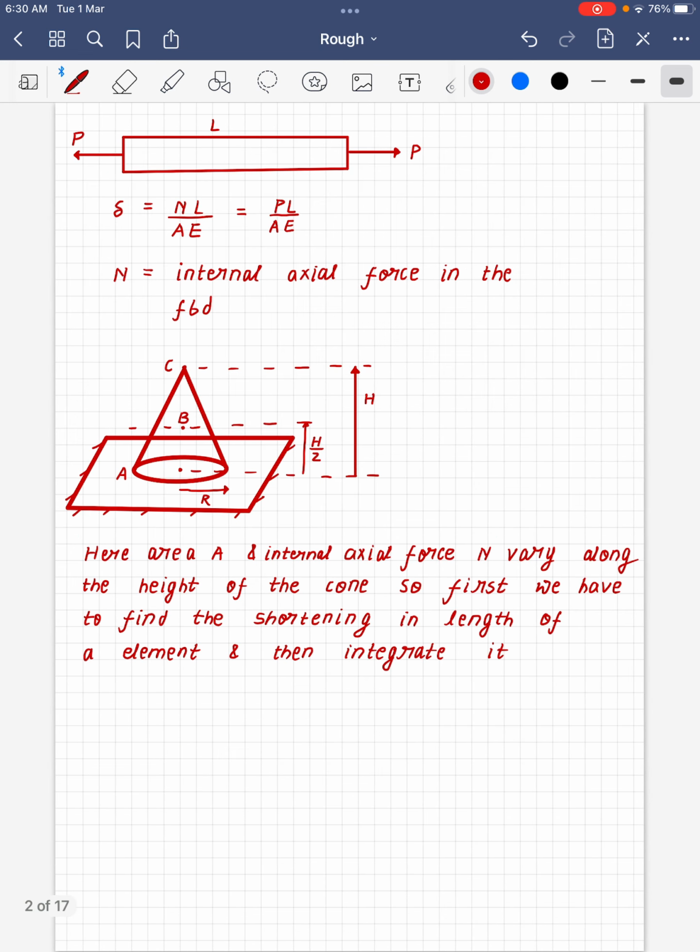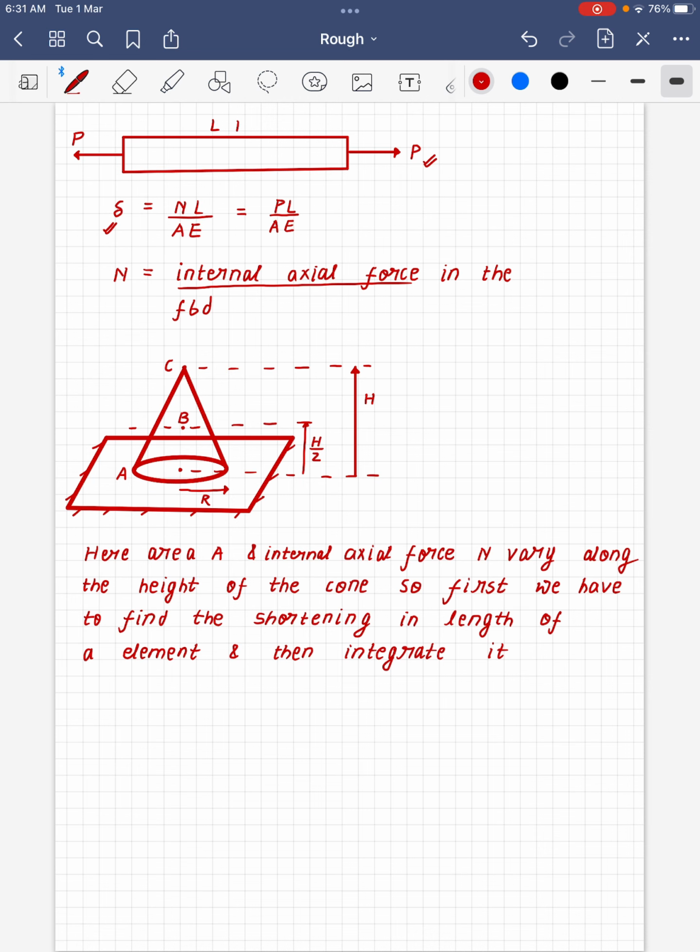Before proceeding in this question, let's understand a simpler case, then we will proceed to the asked question. We are considering a bar of length L which is subjected to a tensile load P. The elongation of the bar due to this tensile load can be found out by the formula NL by AE, where N is the internal axial force in the free body diagram.